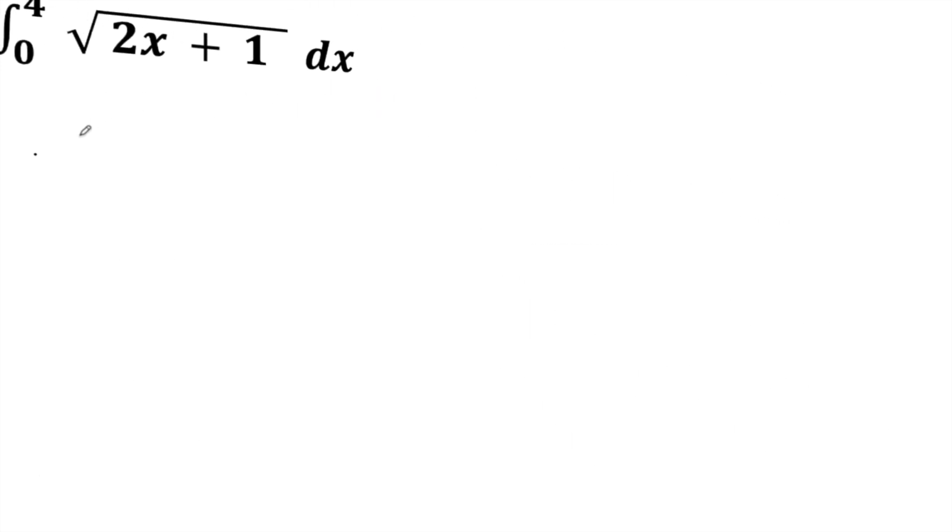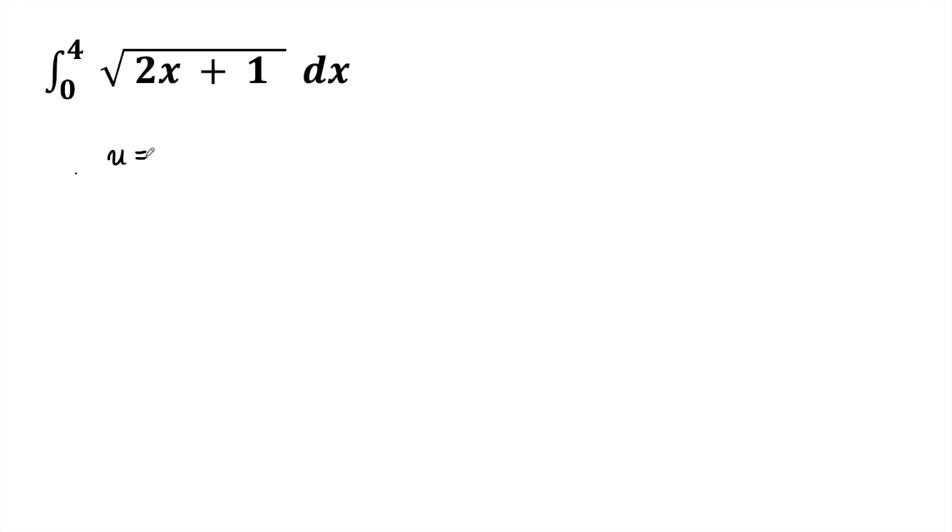Now let's compute this definite integral, and the substitution will be the inner function 2x plus 1. Then the derivative of this function with respect to x is 2. So du will be 2 dx. And then let's divide both sides by 2. So we'll get half of du on one hand side.